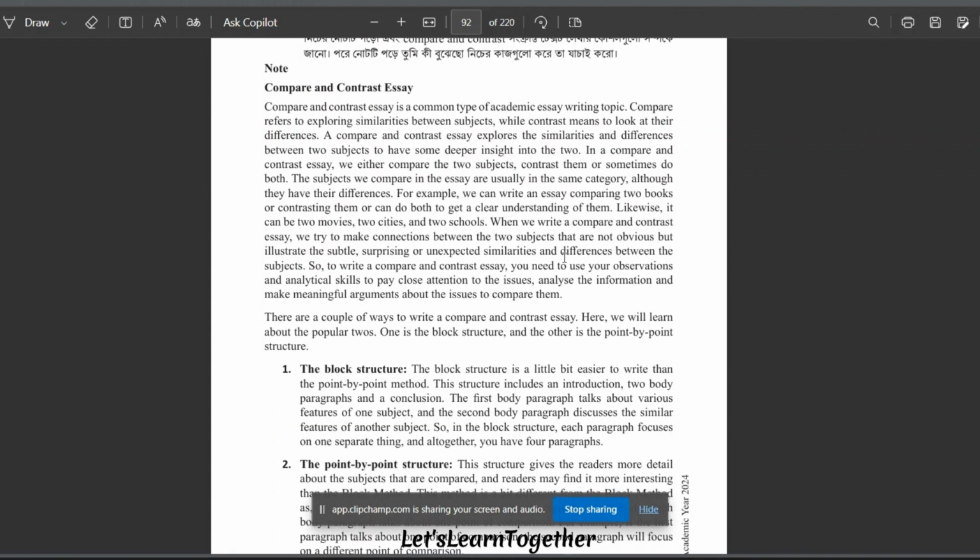That means whatever subjects we choose, we have to have proper knowledge about those subjects so that we can compare their features properly.